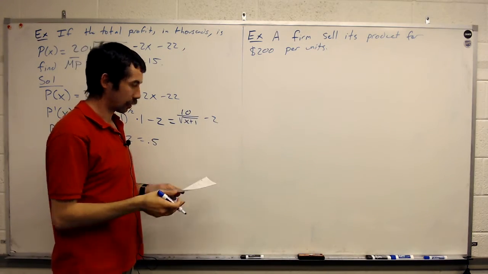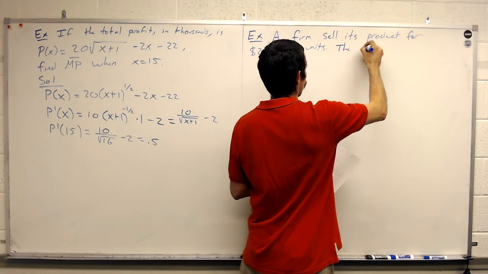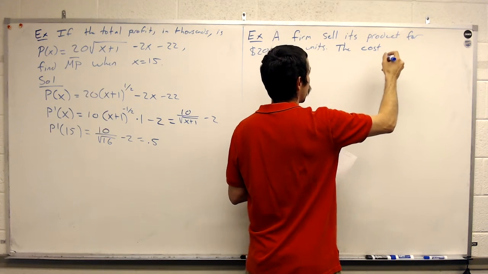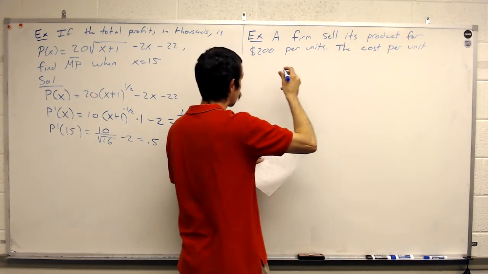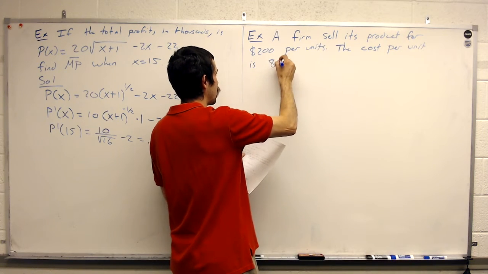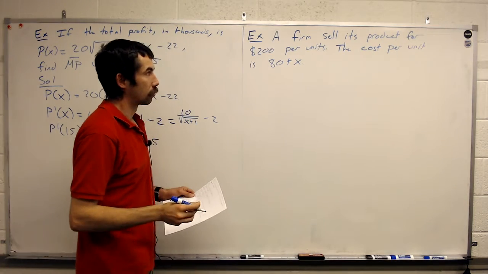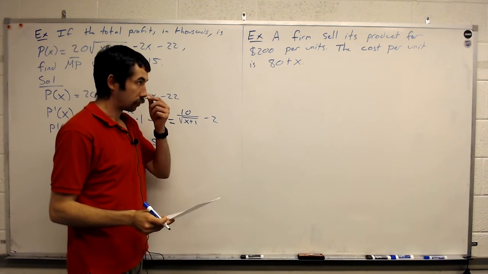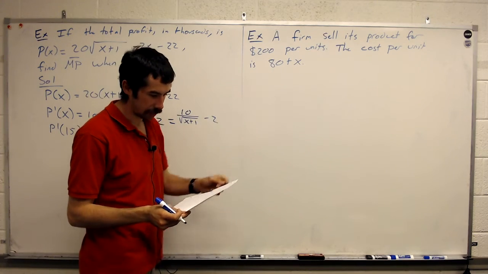The cost per unit, okay, this is not the total cost, this is the cost per unit, is 80 plus x. All right, so this is not the total cost, but the cost per unit is 80 plus x.